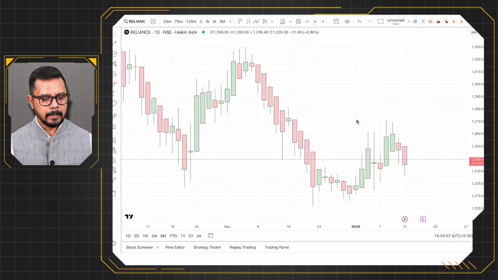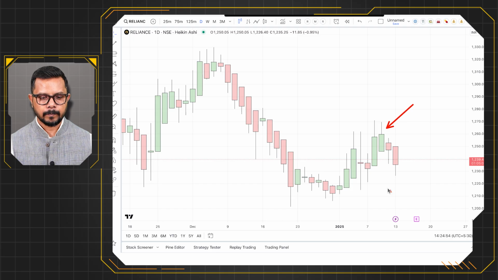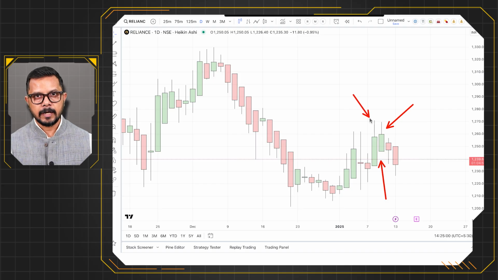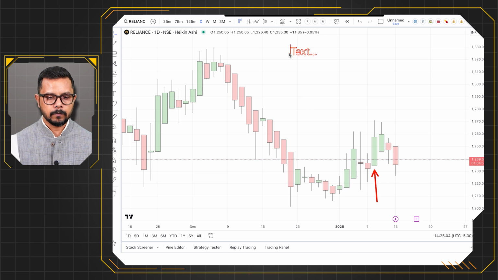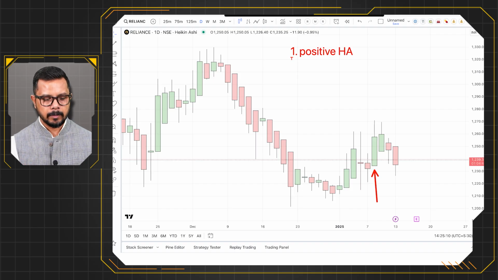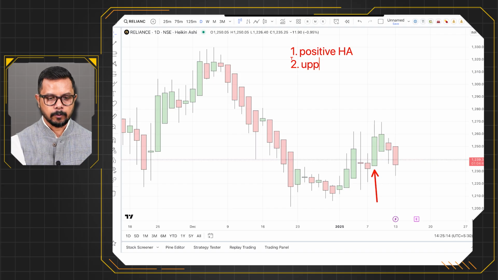The first one is something like this, a positive, let's say green colored Heikin Ashi, which has an upper shadow, which does not have a lower shadow. So if I put it down for you, number 1 is a positive Heikin Ashi. It can be green, blue, pink, teal, whatever color you prefer. Number 2, it happens to have an upper shadow. And number 3, very important, no lower shadow.